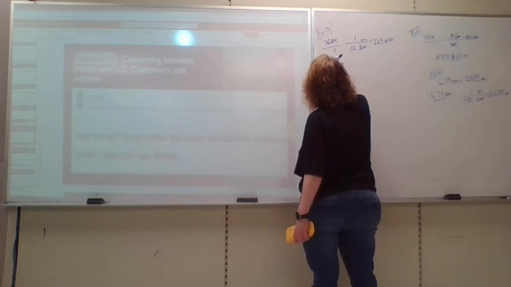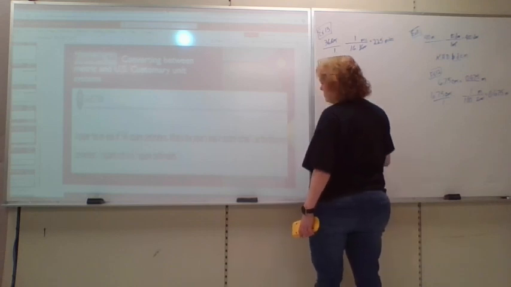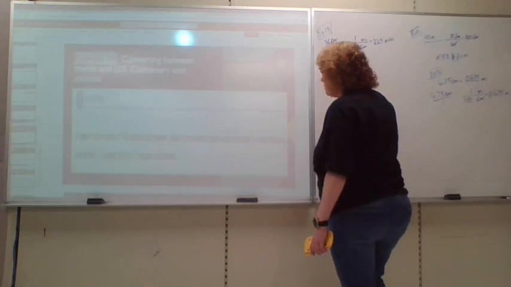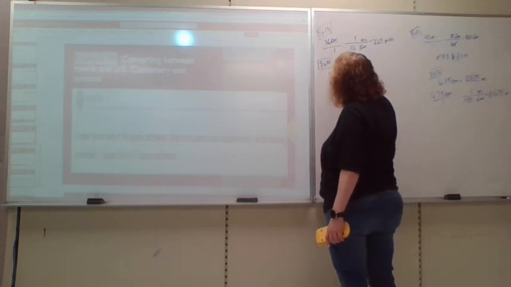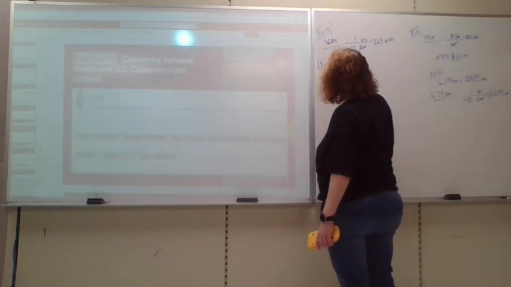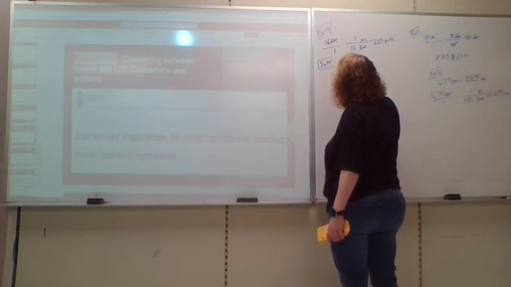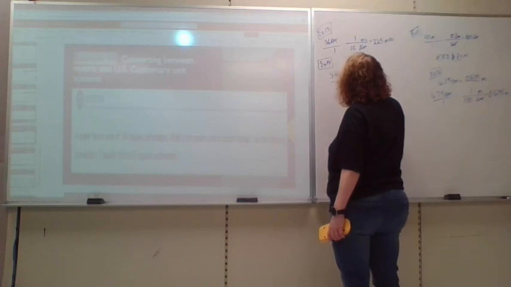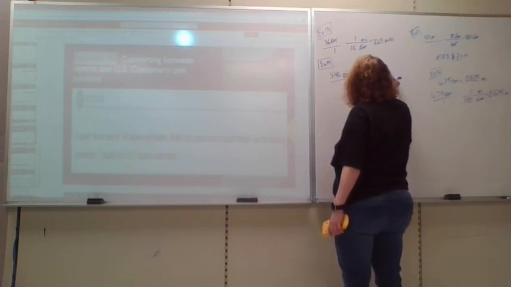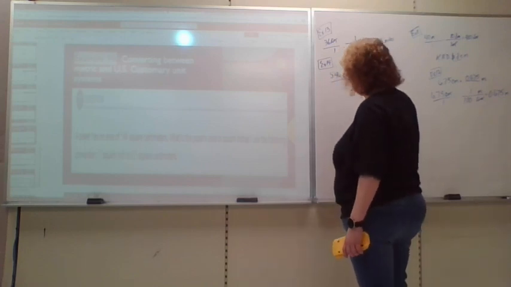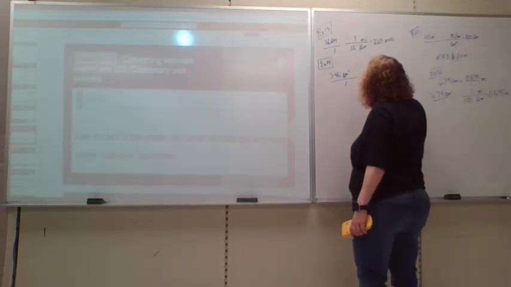Example 14, I'm going to use the picket fence again. We've got 546 centimeters squared here, and we'll change it to inches squared.